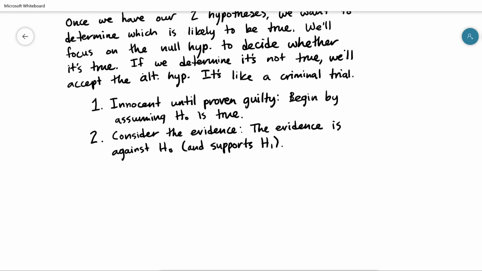It supports H1. And we want to look at all of this data or evidence to see if it strongly, beyond a reasonable doubt, suggests that the null hypothesis is false.